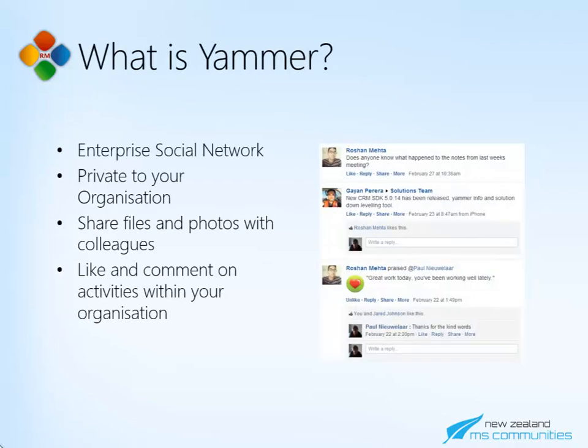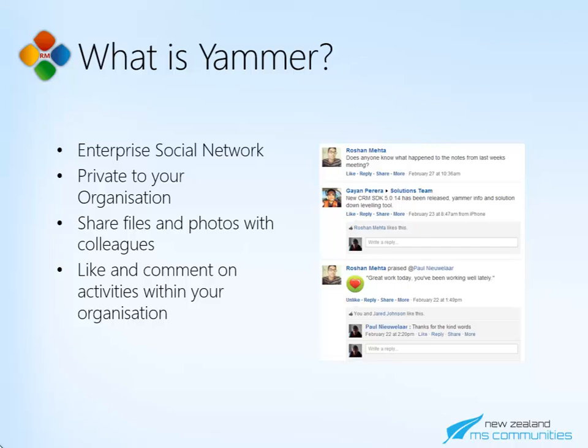So what is Yammer? Yammer is a social network, so it's similar to other social networks like Facebook, Twitter, LinkedIn, but the difference with Yammer is that it's private to your organization. Whereas Facebook or Twitter, for example, are public, where you communicate and share stuff with your friends, Yammer is just within your organization.